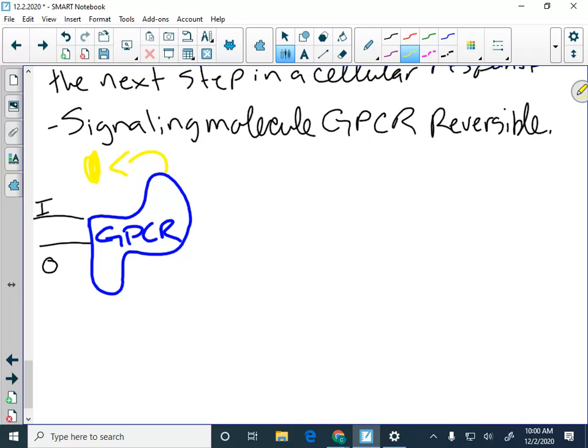That's gone. We don't need it anymore. So this is where our enzyme comes into play.